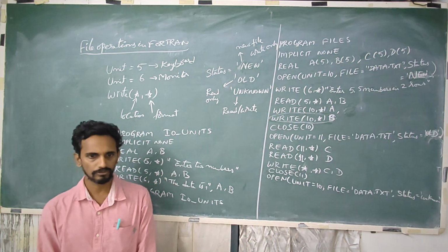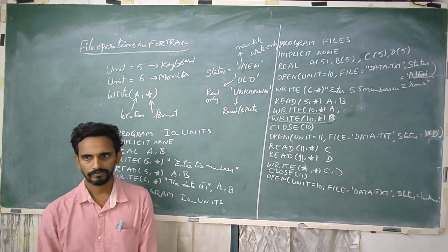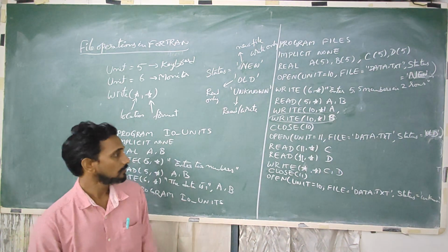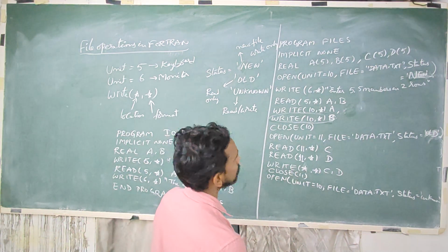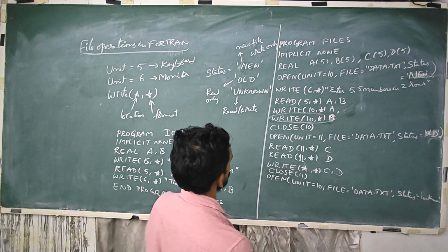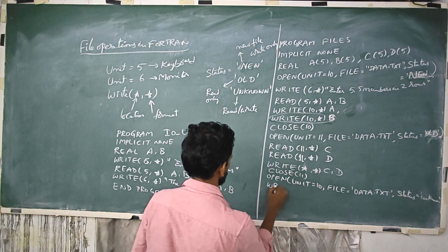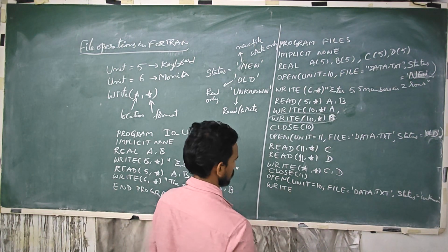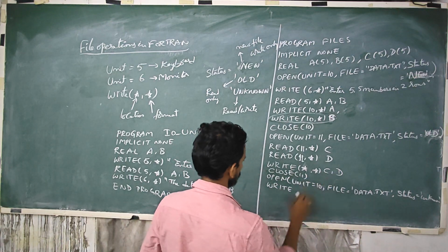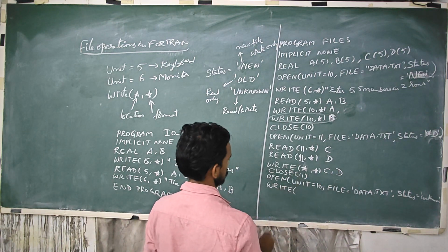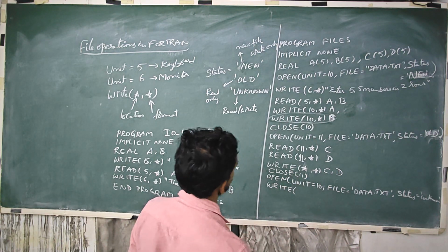If I keep new, it will look for a new file. So I kept the status unknown. Then I write, if you want, you can give a new unit number, otherwise you can continue with that existing one, not a big deal.